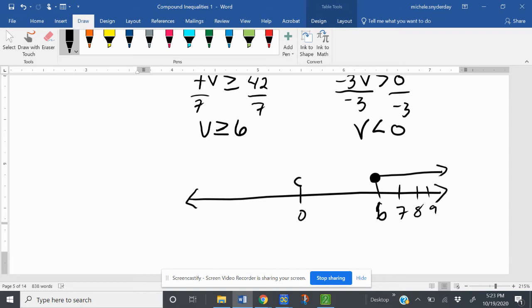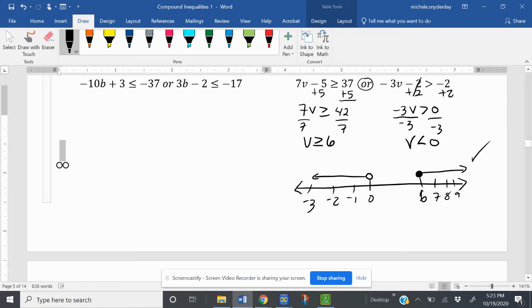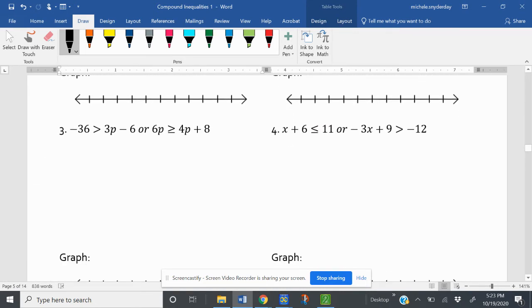Since it is only less than, it has no filled in dot, and less than means it's going towards the negative numbers, negative 1, negative 2, negative 3. And they are separate. They're going in opposite directions. So this is a normal kind of or. So that's great. Okay, 2 more quick examples.